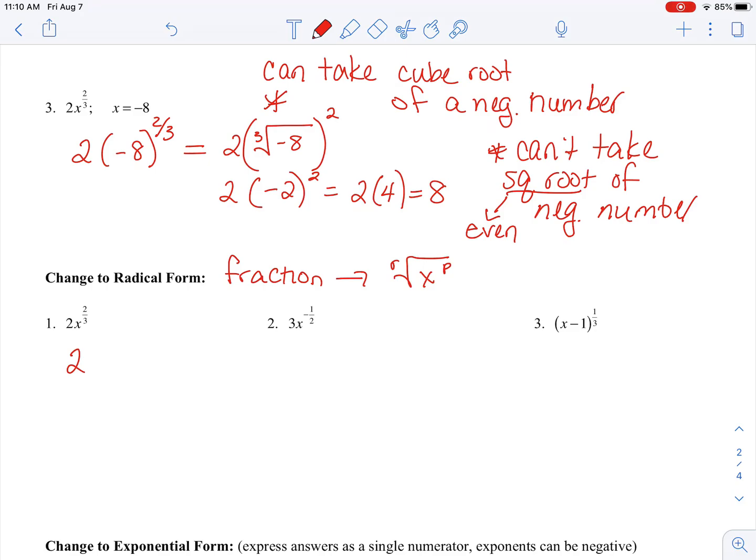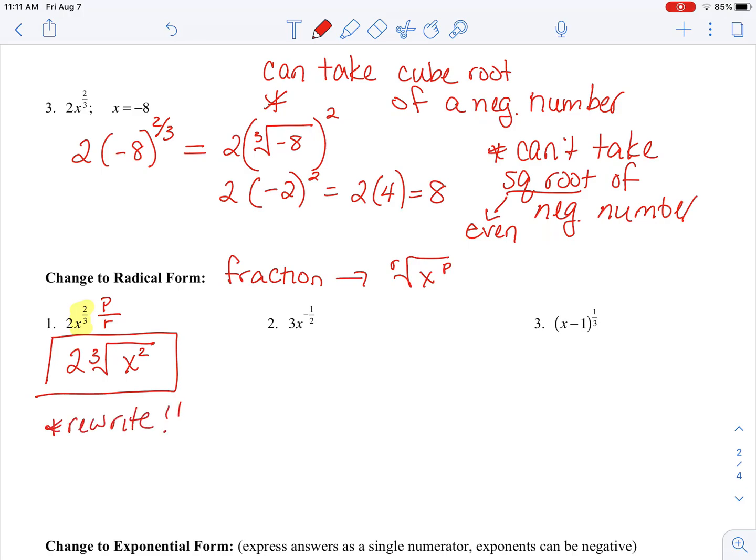The power only affects what it's touching. So this is going to be 2 times, I have power over root, so the 3 goes inside there, x squared. And there's my answer. This may seem silly to you. All we're doing is rewriting the expression.